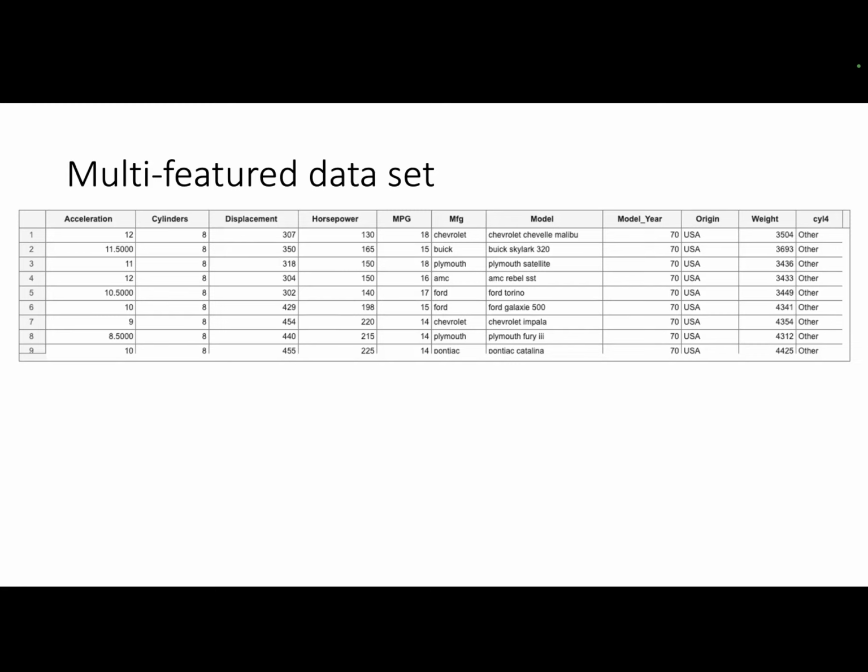Ang dependent variable dito ay itong miles per gallon. Tama ba? Yung miles per gallon. Ibig sabihin yung consumption nung kotse. Okay? Consumption ng gasoline ng kotse. At nagde-depend yung consumption ng gasoline ng kotse dito sa variables na ito. Sa acceleration, sa cylinders, sa displacement, sa horsepower.